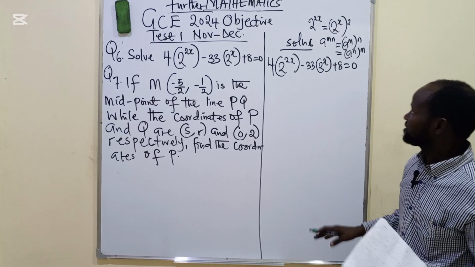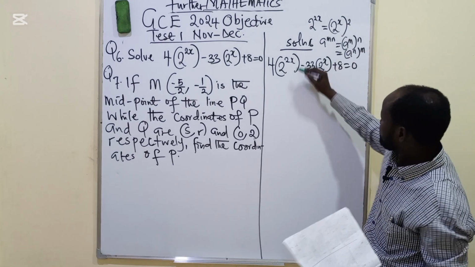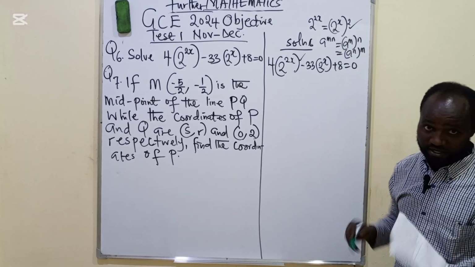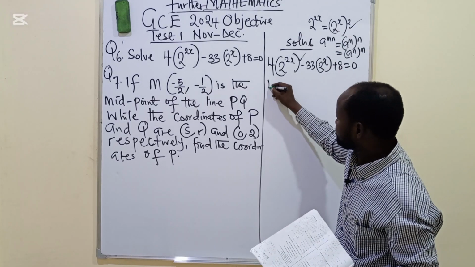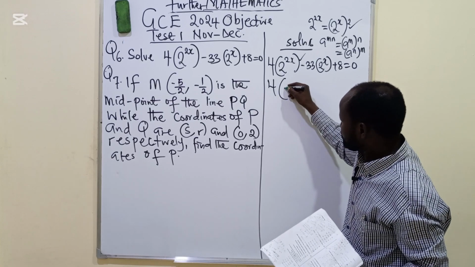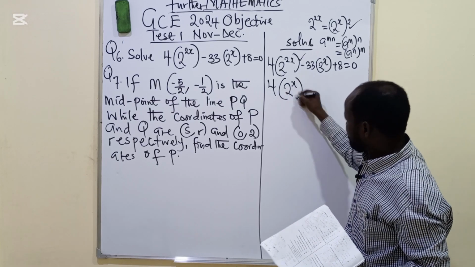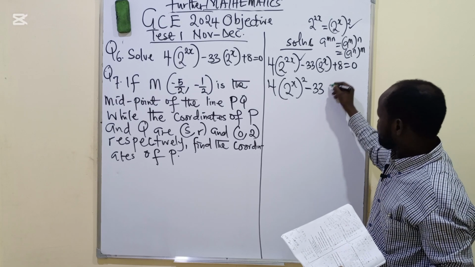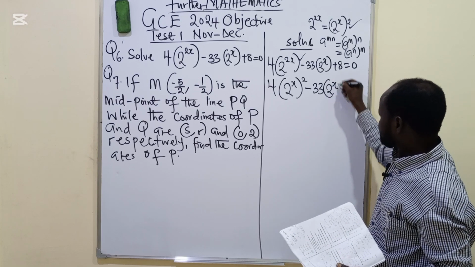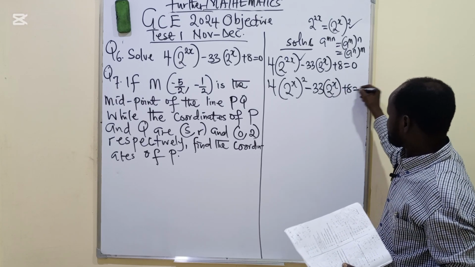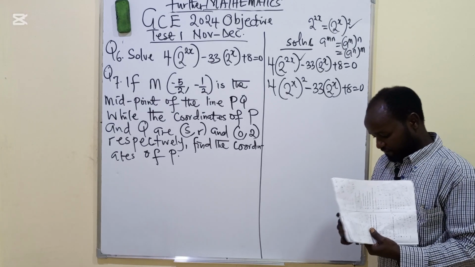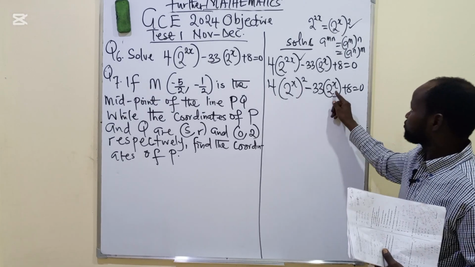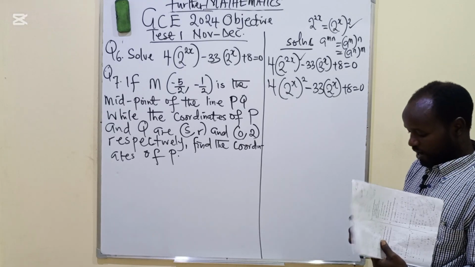They mean the same thing. So in place of this, we can have 2^x, 2^x, that's the n. Very important. So this will be 4 into (2^x)^2 minus 33(2^x) plus 8 equals 0.